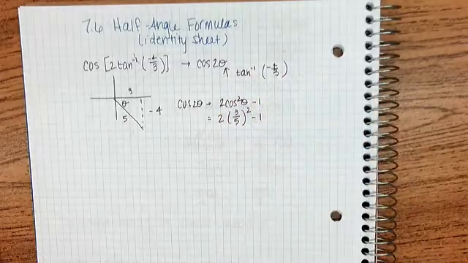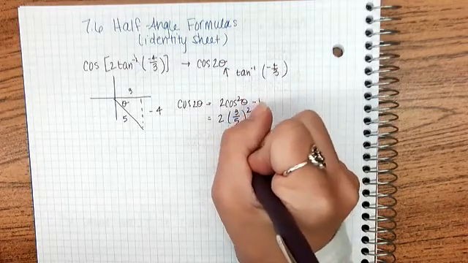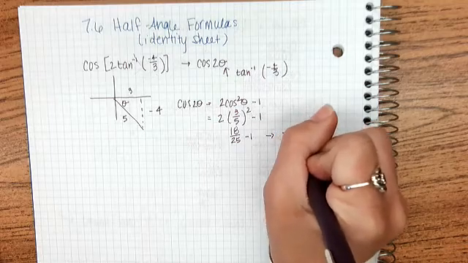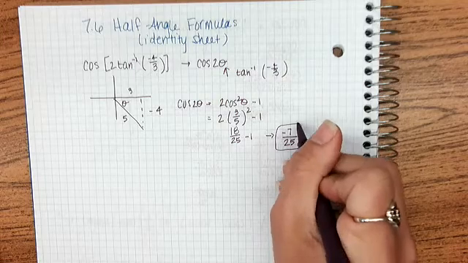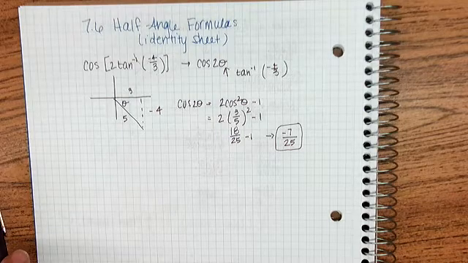Let's see. 18/25 minus 1, I believe, is -7/25. You would have gotten the same answer had you used a different substitution for cosine 2 theta. Doesn't matter. Same answer either way.